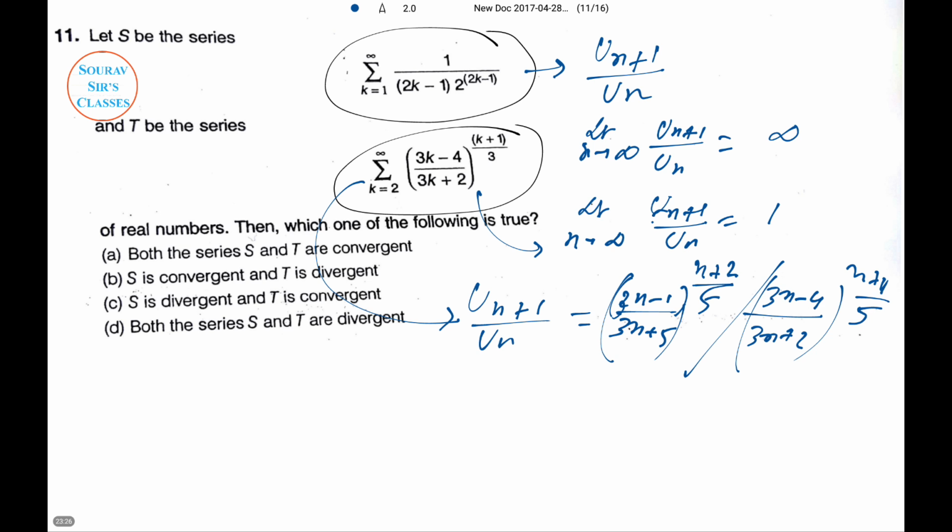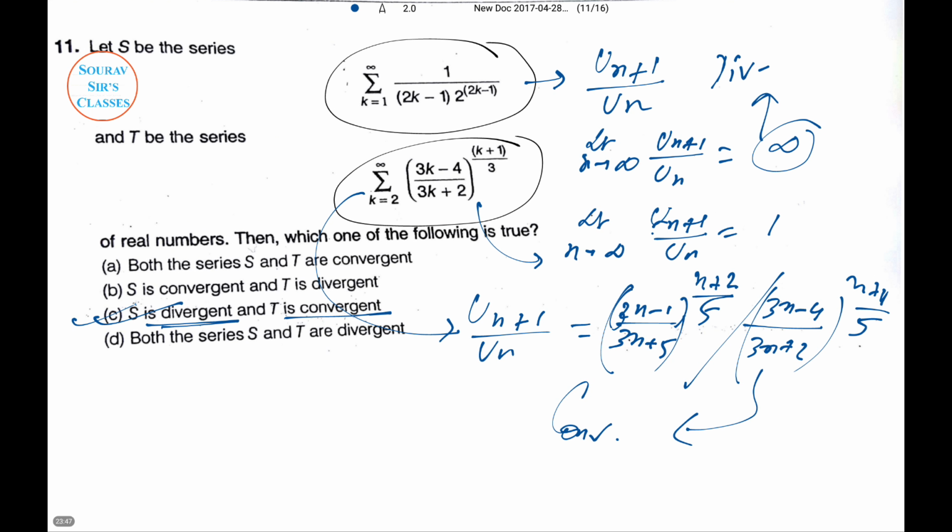If we calculate it, this will be cancelled out and we end up with 1. So the first sequence is infinite, so this is divergent, and this one has a finite value, so this is convergent. So the first one is divergent and the second one is convergent, so option C is our correct answer.